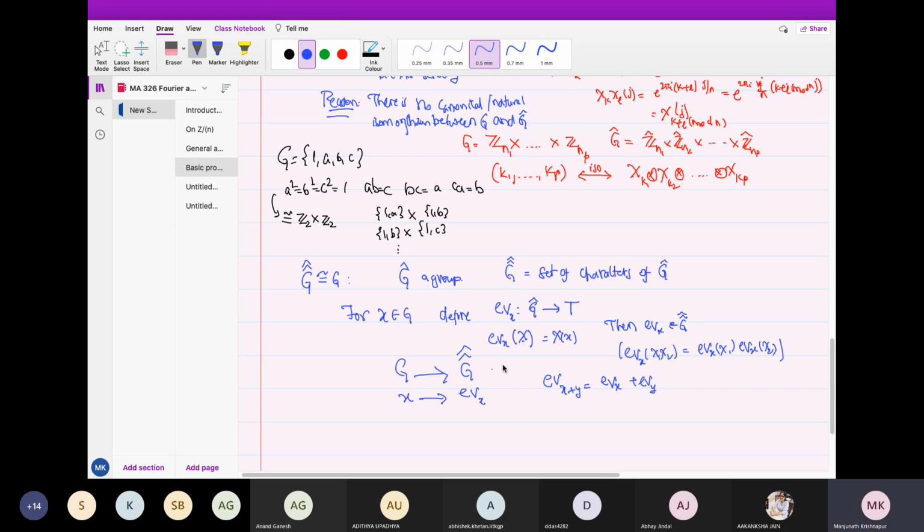Okay, so that is also clear. Because evaluation x plus y at chi is chi of x plus y, sorry, what did I write here? Should I have written chi x into chi y? Actually, I'm not using additive notation on this side, but okay, so this is a homomorphism.